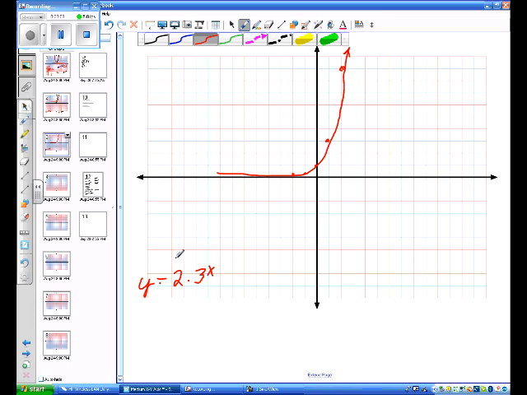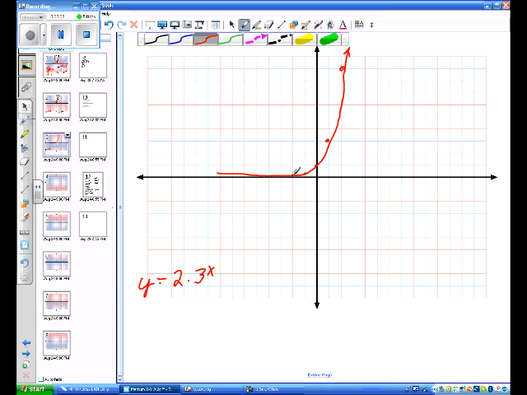Now, what this number does is it causes all of your y values to double. It causes everything to go up twice as fast. And that would be the same as the a of our other functions when we were doing our parabolas and our absolute values. That just meant that we took whatever our y value was and multiplied it by 2.